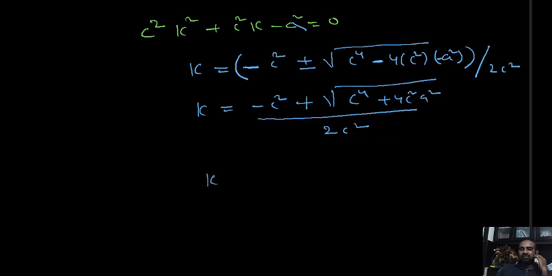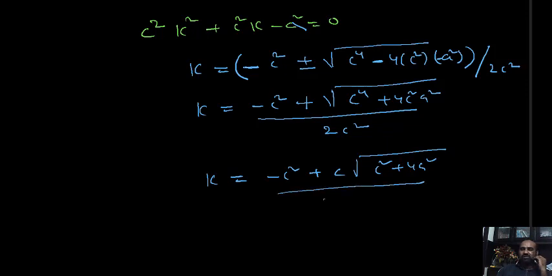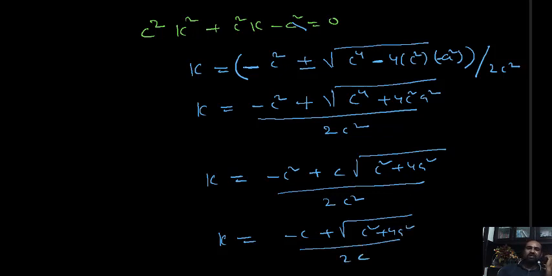Okay, so now k equal to minus c square plus, I want to take c square common, it becomes c square plus 4a square by 2c square. So divide throughout by c, what will we get? k equal to minus c plus root over c square plus 4a square by 2c.